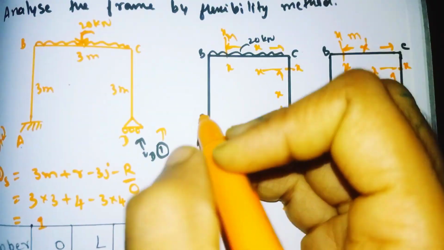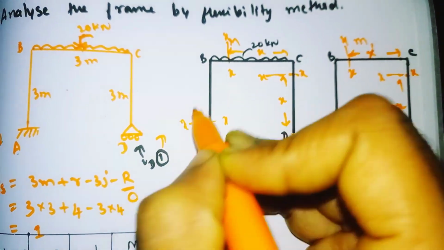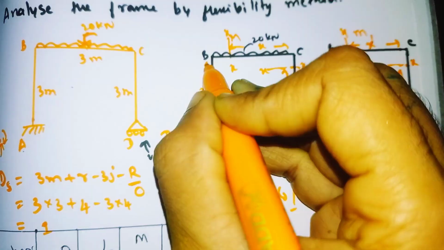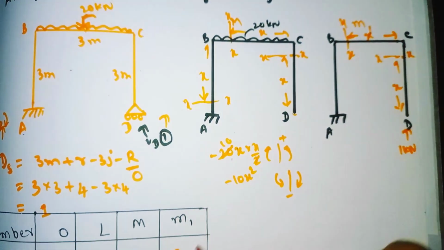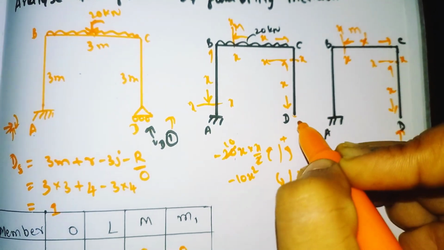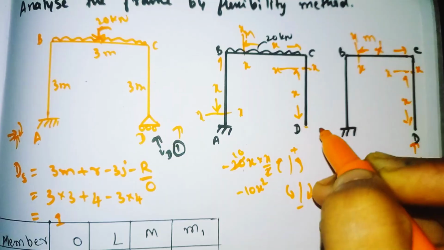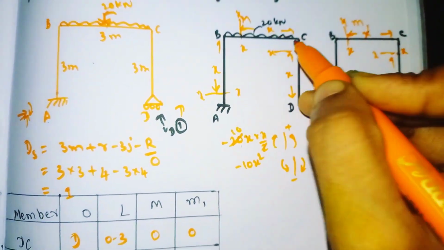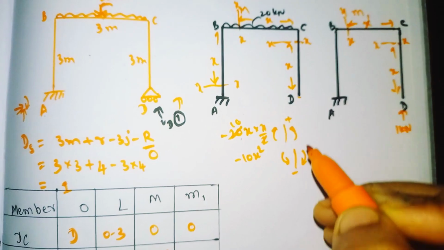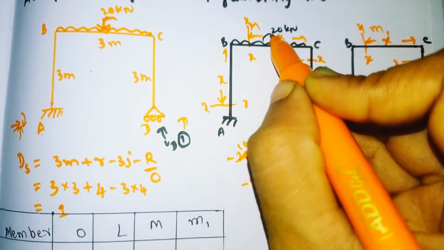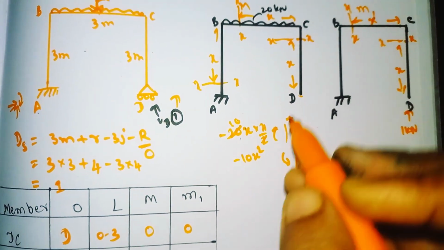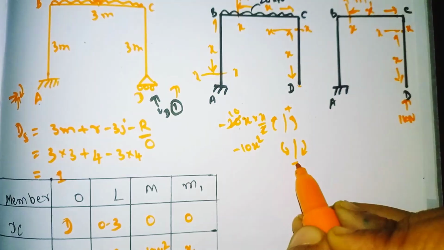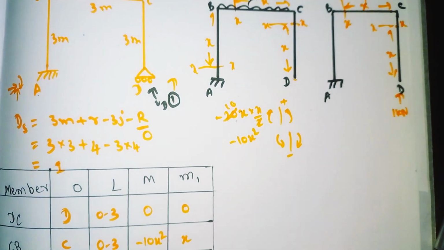Now for BA, we have taken the origin as B. If you cut the section x-axis away from the origin B at a distance of x, our capital M becomes, we need to see from here to here there is one UDL acting. If you convert the UDL, it acts downward, and downward means we need to take the minus.